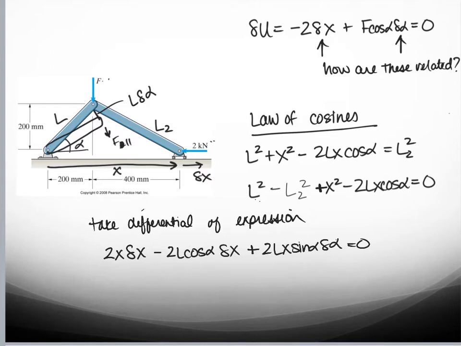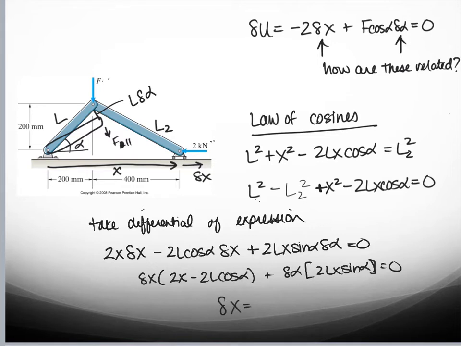So what I can do now is take delta x and factor it out of these two terms. I get 2x minus 2L cosine of alpha, plus delta alpha 2Lx sine of alpha, equals 0. And then I can get a relationship between the two.